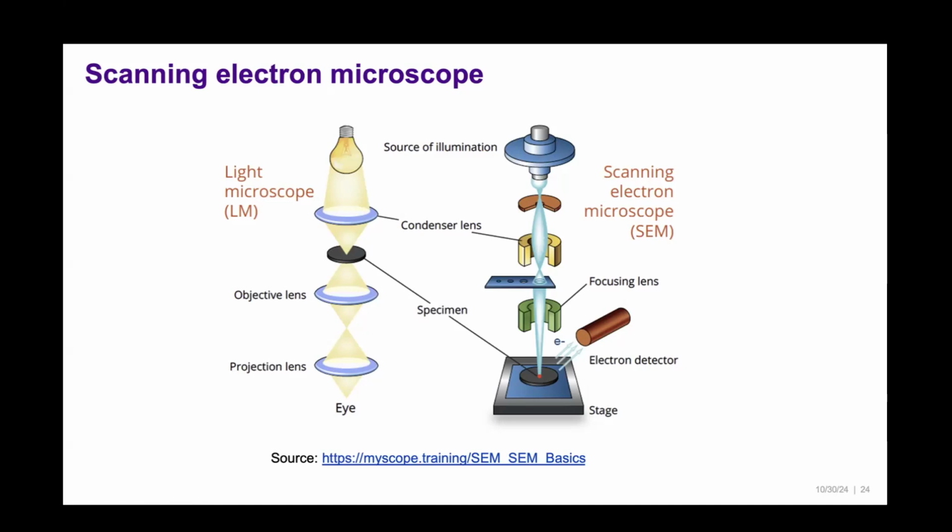Same thing, we have lenses, eyepiece, objective, but these are magnetic lenses, whereas instead of simple light or LEDs, what we have is an electron gun or beam of electrons used. So as I said, the complexity increases, and at the same stage, the resolution that you can see is also higher.